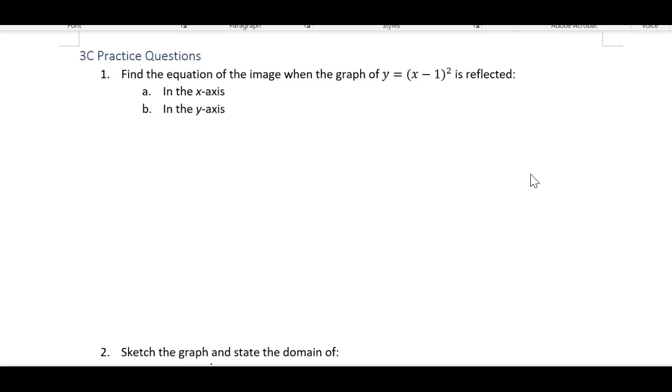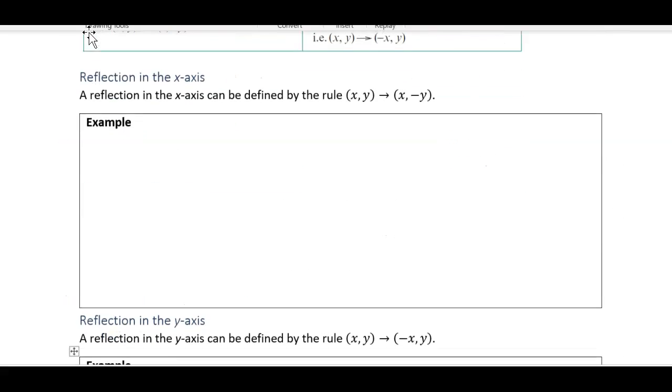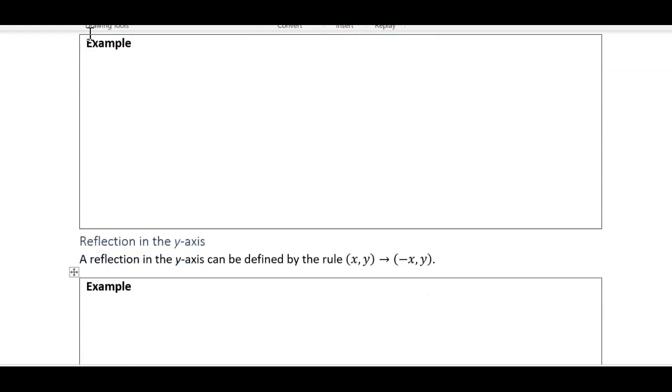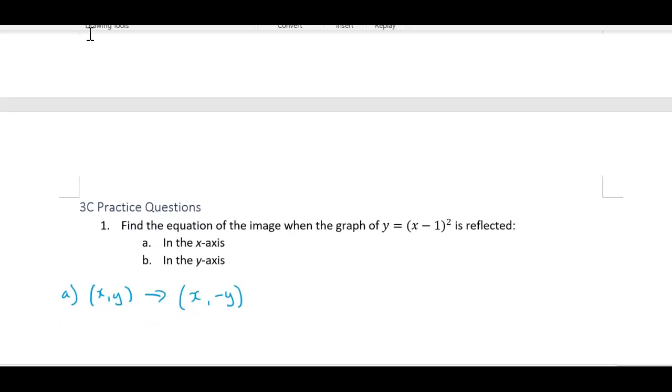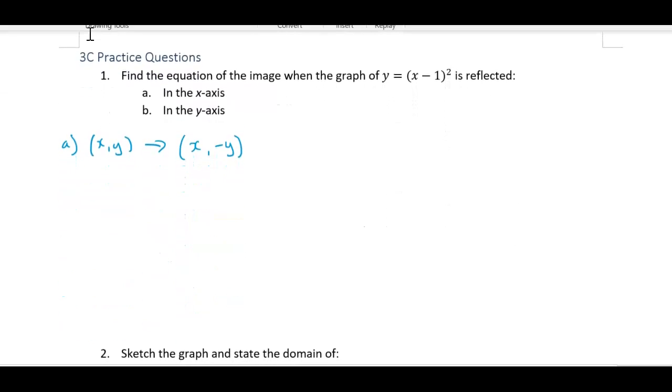So when we're doing a reflection in the x-axis, let's just get my pen. We'll do part A first. Your coordinates (x, y) become (x, negative y). So if you're wondering where we got that from, reflection in the x-axis and then reflection in the y-axis, you might want to put your own examples in there, but we're going to do heaps of examples together anyway.